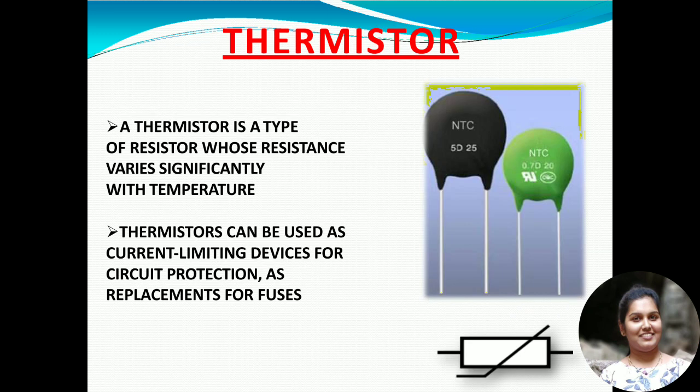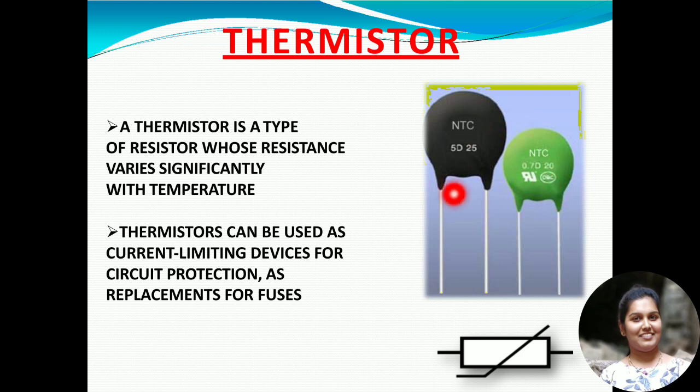Next is thermistors. Thermo means nothing but temperature. As the name suggests, this is a type of resistor in which the resistance changes with the change in temperature. The concept is the same, but there is no sliding movement as we see for rheostat or potentiometer. Just with the change in temperature, the resistance value will change.